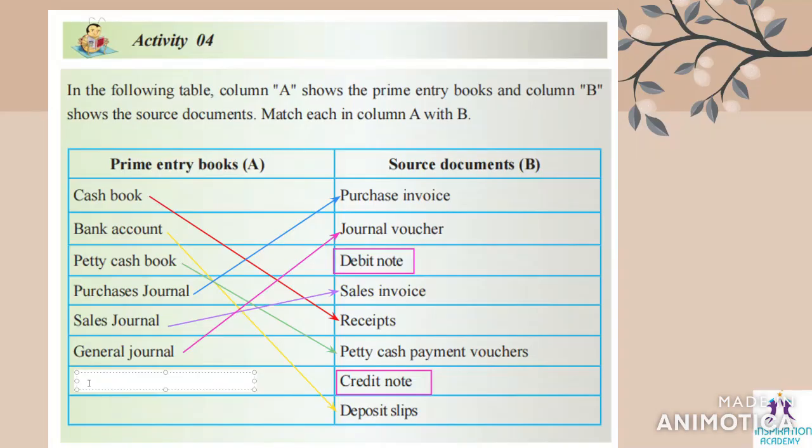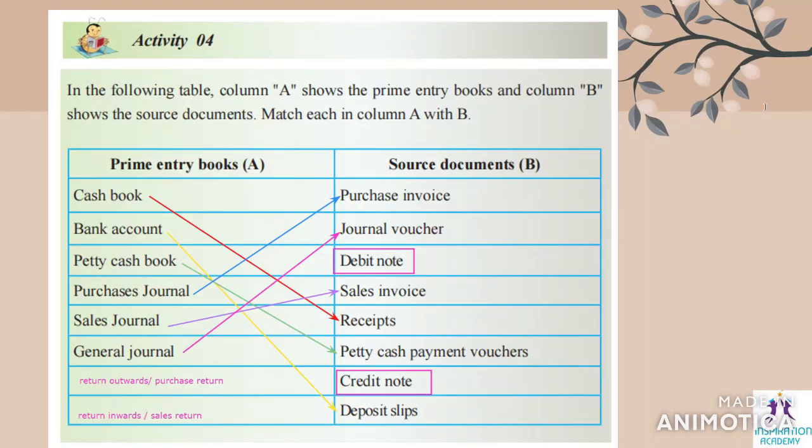First we have return outwards or purchases returns, and return inwards or sales returns. These are the two types of return journals we have.